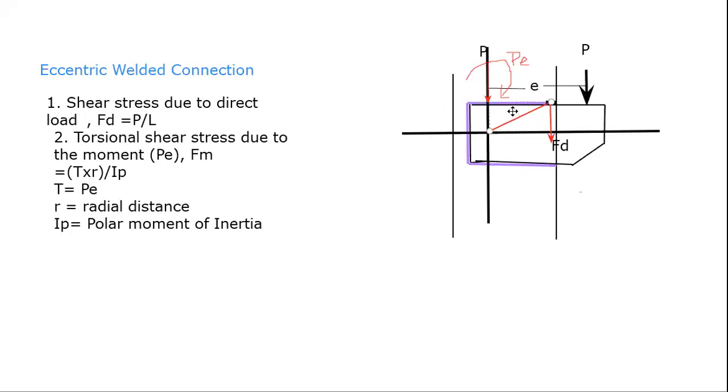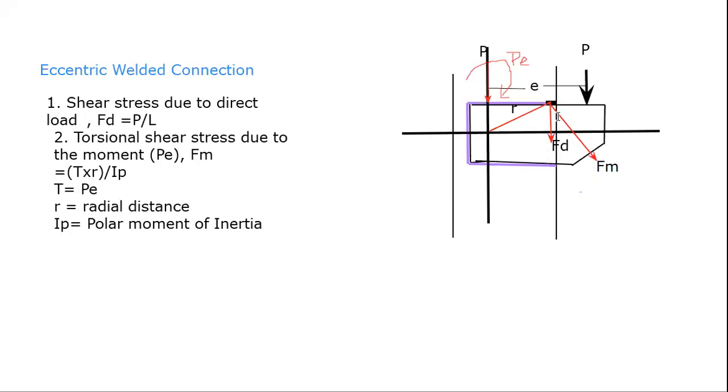This is my R. So this is my radial direction, and the torsional shear stress will be acting in a direction perpendicular to this radial direction. So this is my Fm.